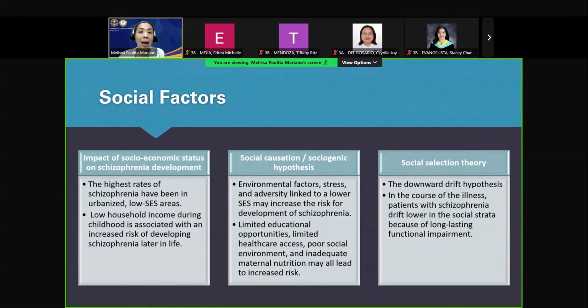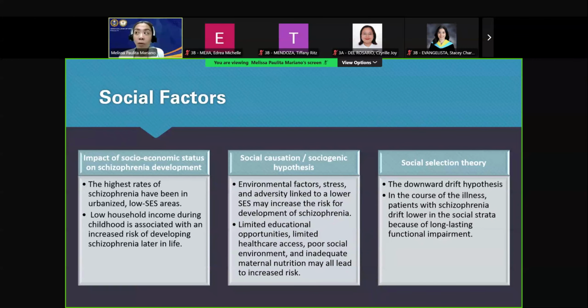And this is further highlighted by the social factors. One of the things that we continue to see is that people with schizophrenia tend to belong to urbanized, low socioeconomic areas. And there have been several hypotheses that have been presented to explain these. The first being the social causation or the sociogenic hypothesis. This pretty much states that belonging to a low socioeconomic status will increase the risk for schizophrenia.